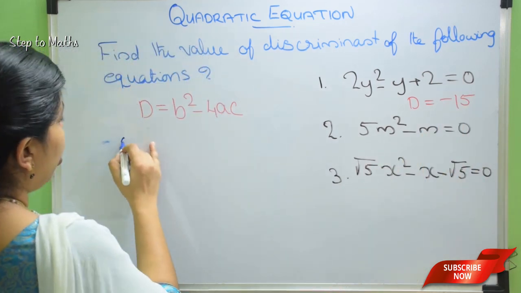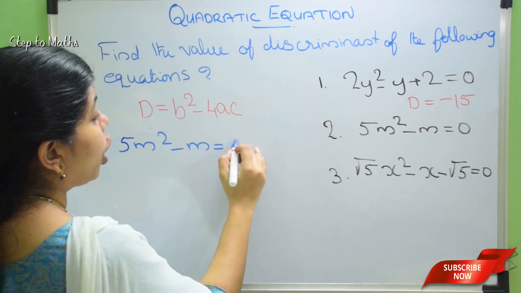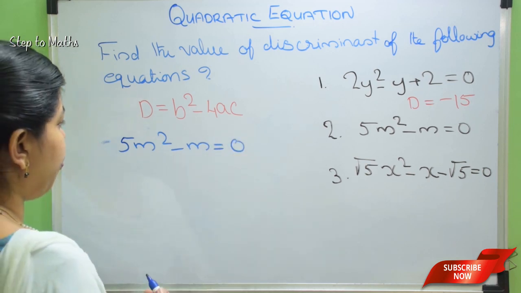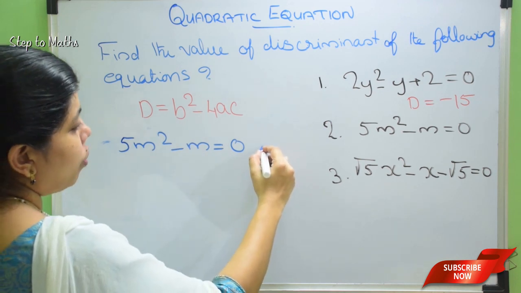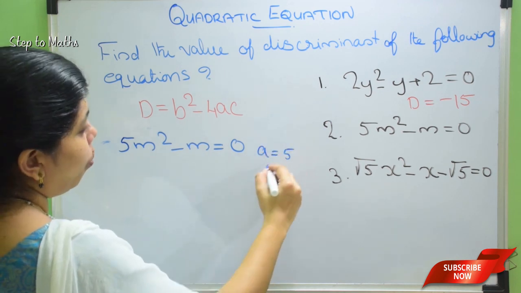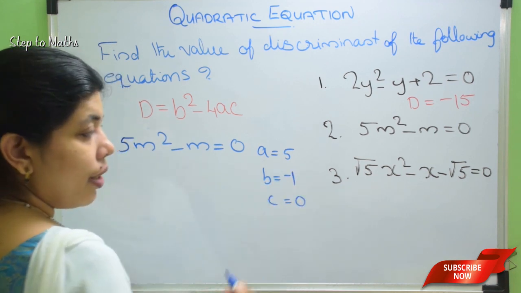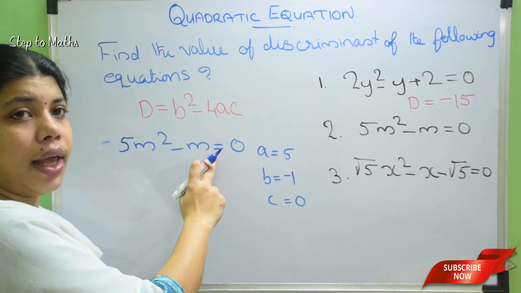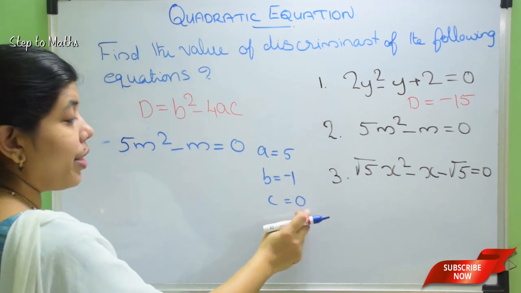Second equation, 5m square minus m equal to 0. Write down the coefficients: a equal to 5, b equal to minus 1 and c is equal to 0. Here the constant term is not present. That means c is equal to 0.